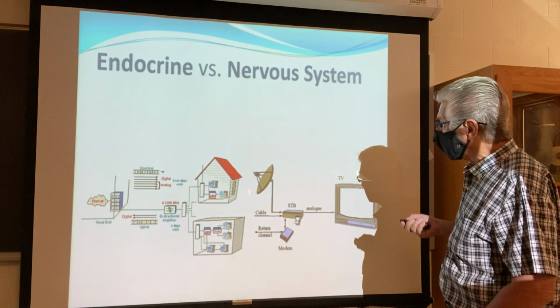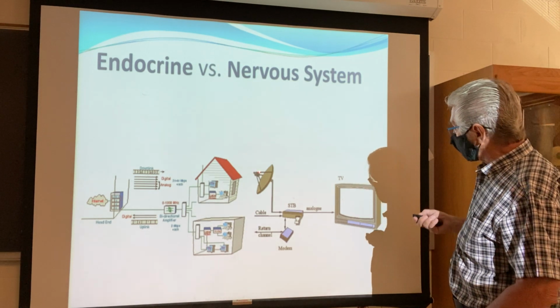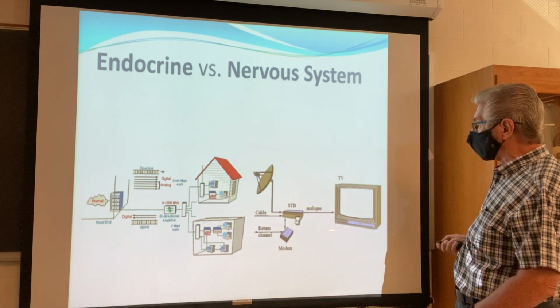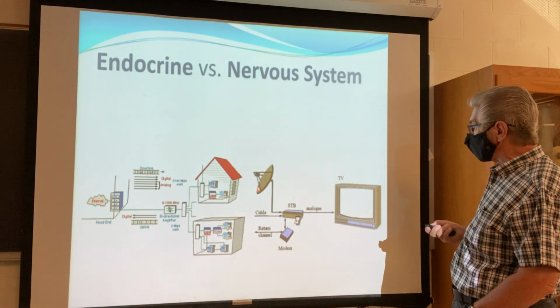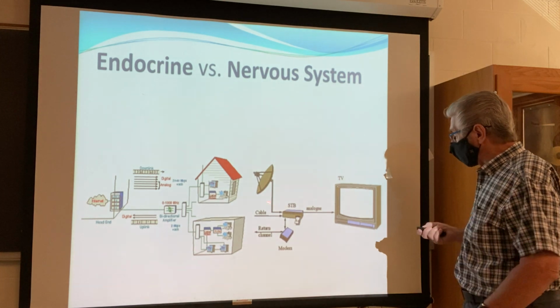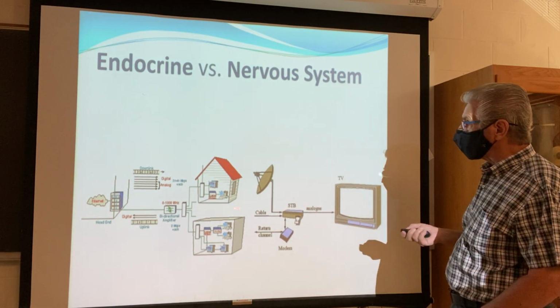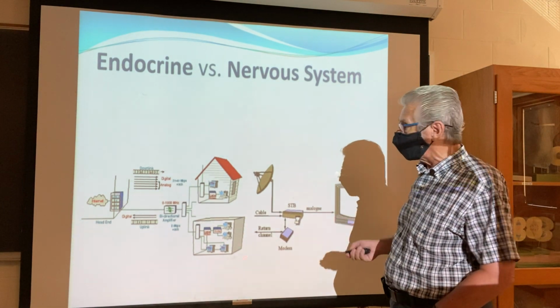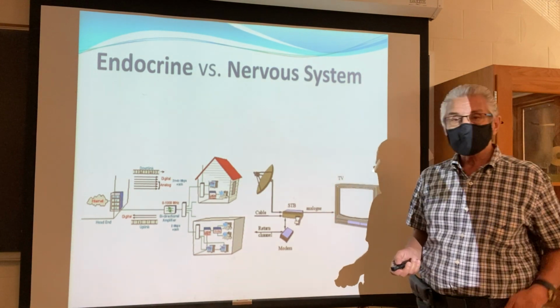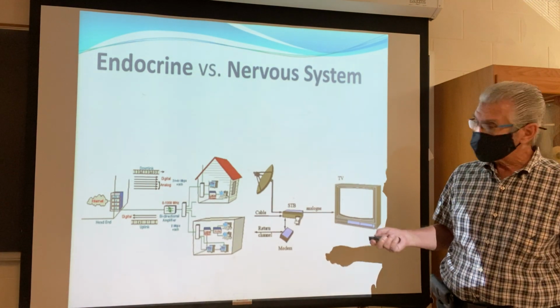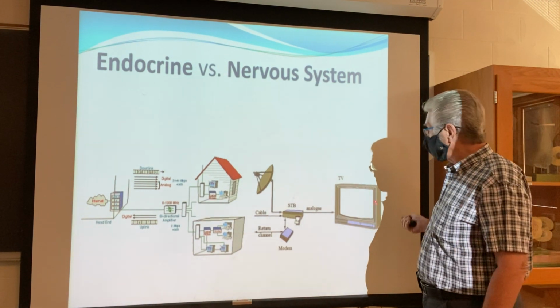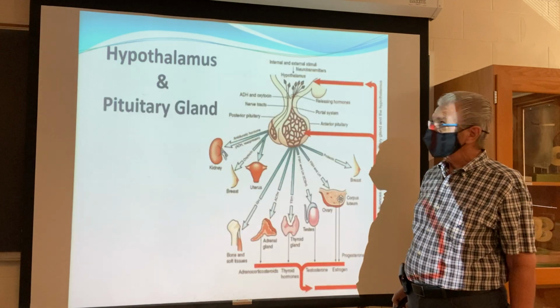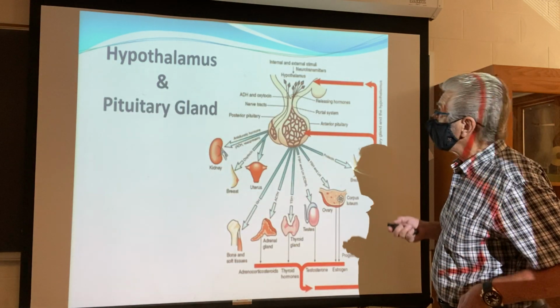Here we see a comparison between our old TVs from years ago, which took a long time. Today we have the internet, bam, look how much is going on in every room of the house. It's instantaneous. Nervous system, endocrine system.